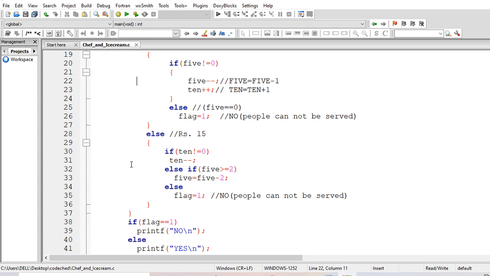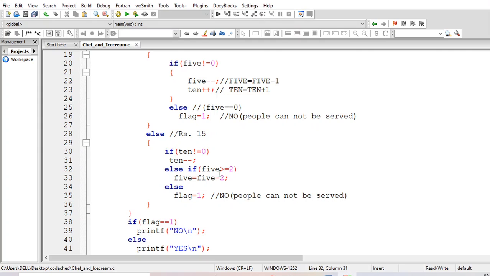But now another else for the 15 rupees case. If the customer gives 15 rupees, then at first I need to check whether the chef has any 10 rupees coin. If ten is not 0, then the count of 10 rupees coins will be decreased by 1, ten minus minus. And if he does not have enough 10 rupees coins, then I need to check if he has at least 2 coins of 5 rupees.